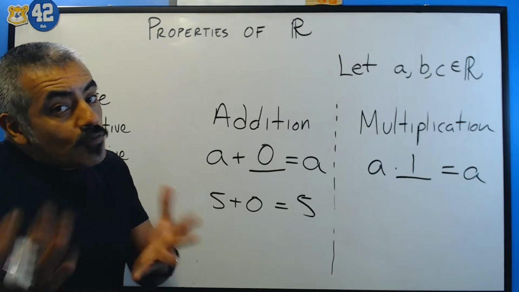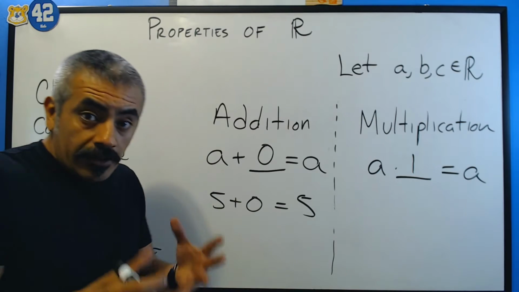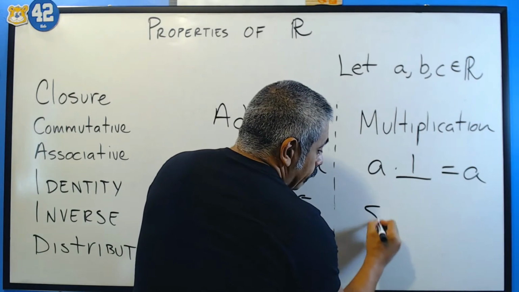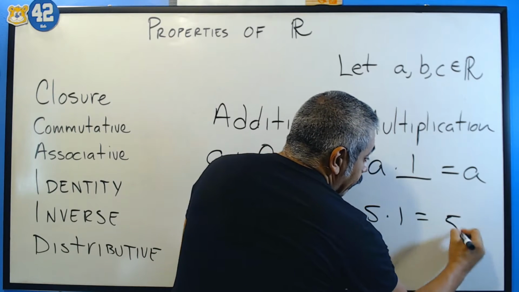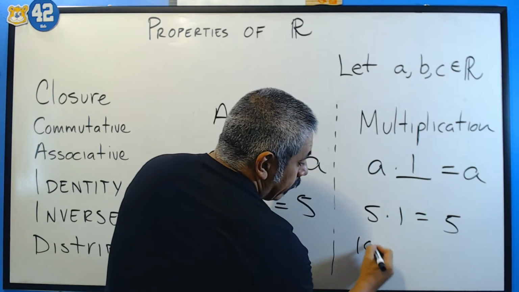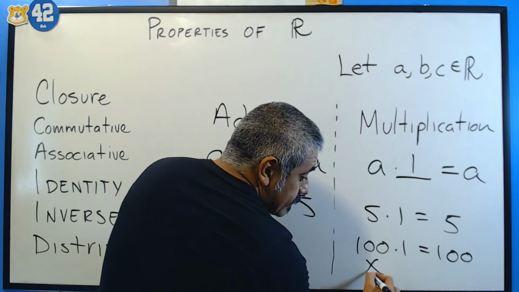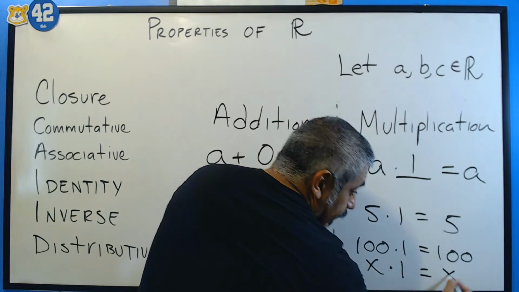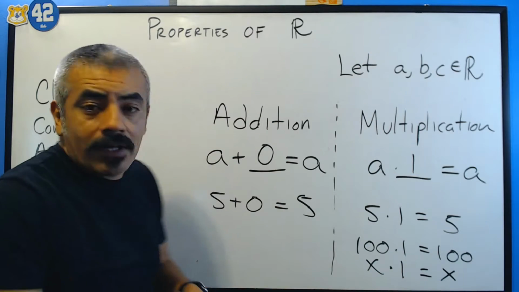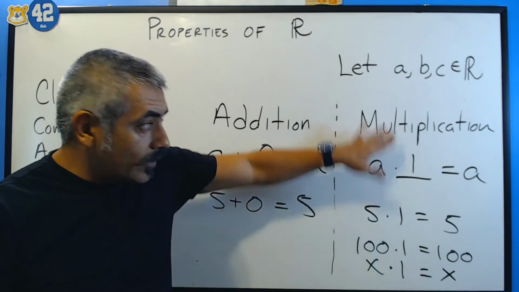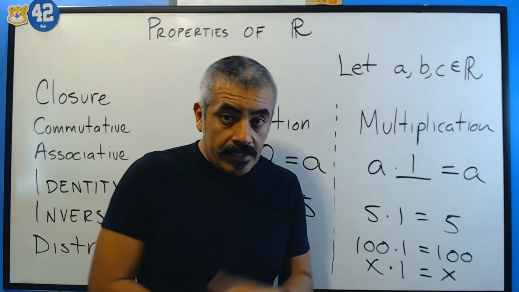And like I said, you've already known this since you've been learning your times tables. So 5 times 1 equals 5. 100 times 1 equals 100. X times 1 simply is going to equal x. So anything that you multiply by 1 is going to give you the exact same thing. That's what the identity property of multiplication is telling you.